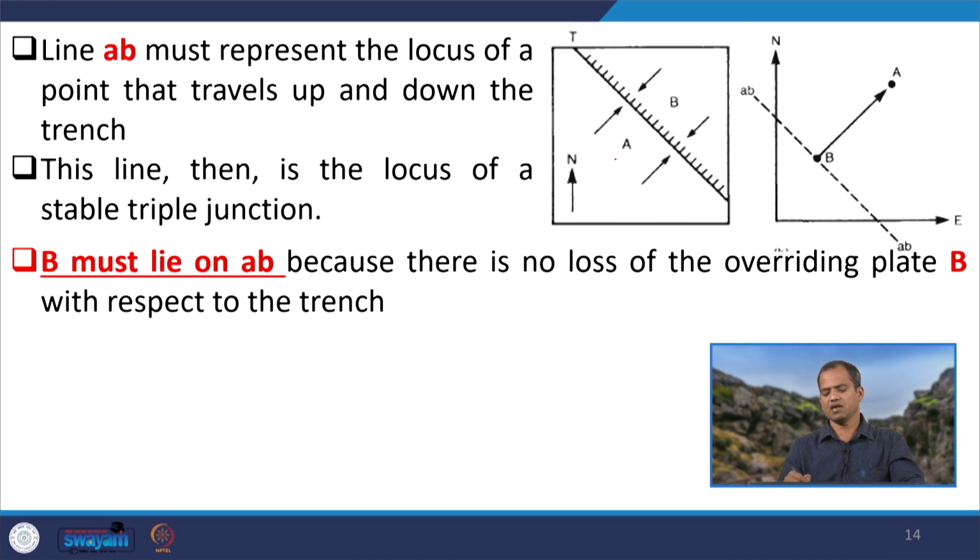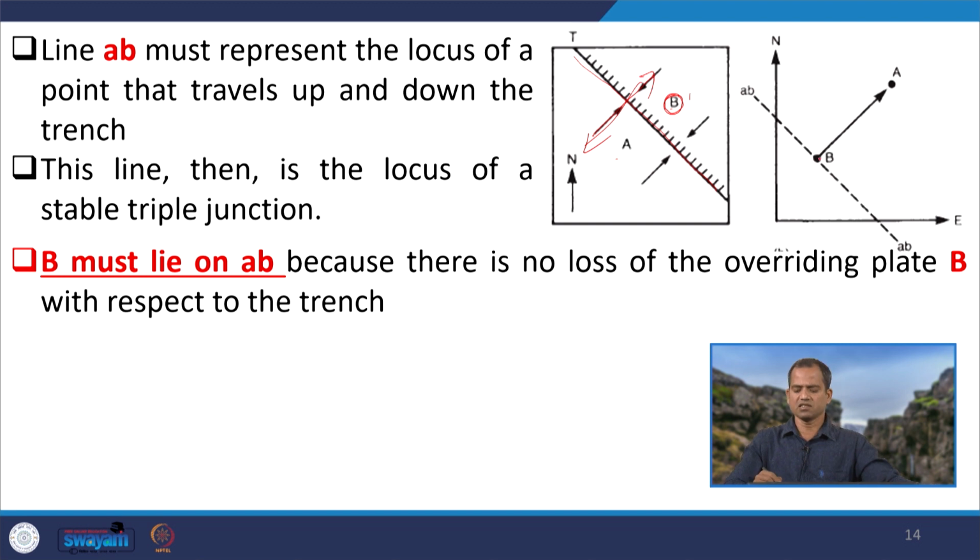So, now A and B are 2 different plates in which B is the overriding plate. So, that means in the relative velocity triangle, the relative velocity will be in this way or in this way, isn't it? However, the plate boundary orientation will be like this, and it will be projected from the B because B is the overriding plate.